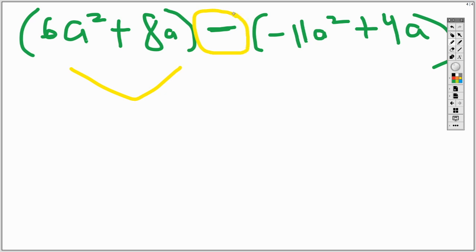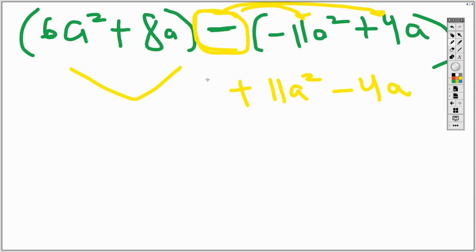But this minus sign that we have here, we basically distribute to all of the terms in the second polynomial. So negative times a negative 11a squared would become a positive 11a squared. Then a negative times a positive 4a would become negative 4a.